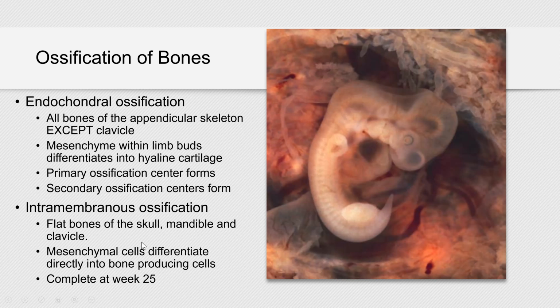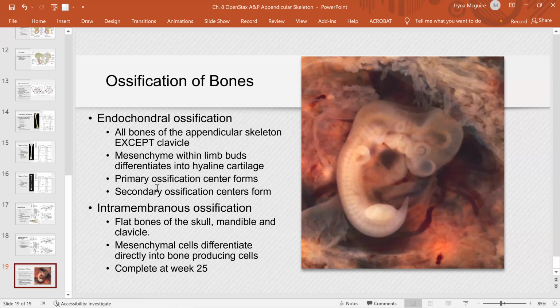Or mesenchymal cells will differentiate directly into osteoblasts, into bone cells, and they will replace membrane by bone, right? So that's ossification of bones very, very quickly. In the physiology part, we will talk about ossification in more details.